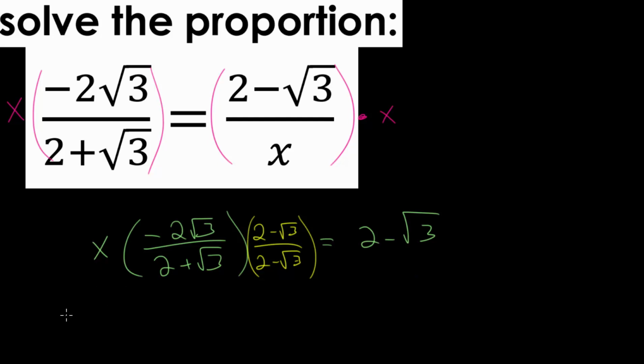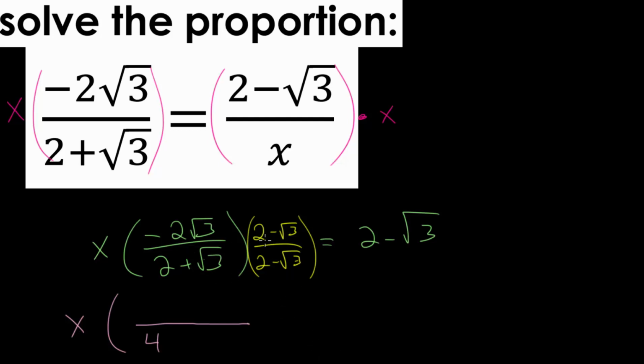So let's simplify that. We would still have x, but let's start with this denominator. If we multiply these out, you might notice this is a difference of 2 squares. We get 2 times 2, which is 4. Then we get 2 times negative root 3, so minus 2 root 3. And then we get 2 times positive root 3, so plus 2 root 3, and those cancel each other out.